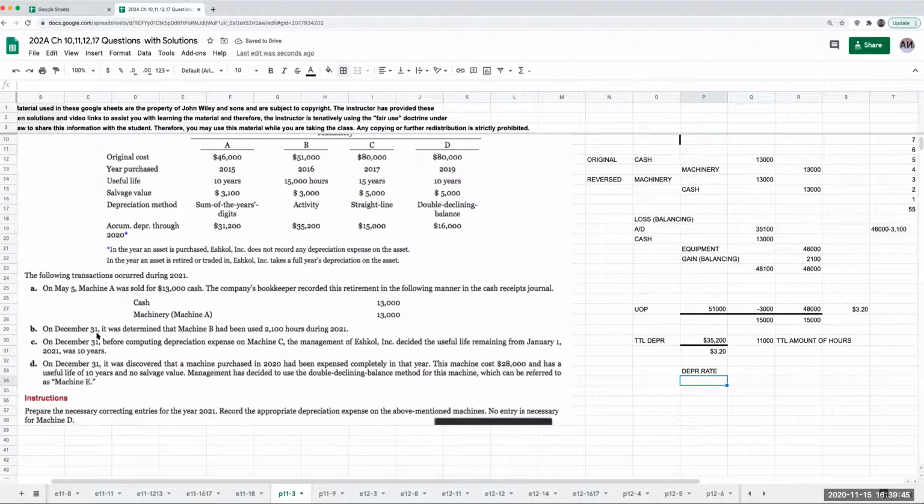It says 2,100 hours, so that's fine. So it's going to be $3.20. My depreciation expense for 2021 is going to be $6,720. When I record depreciation expense, it's always going to be the same.